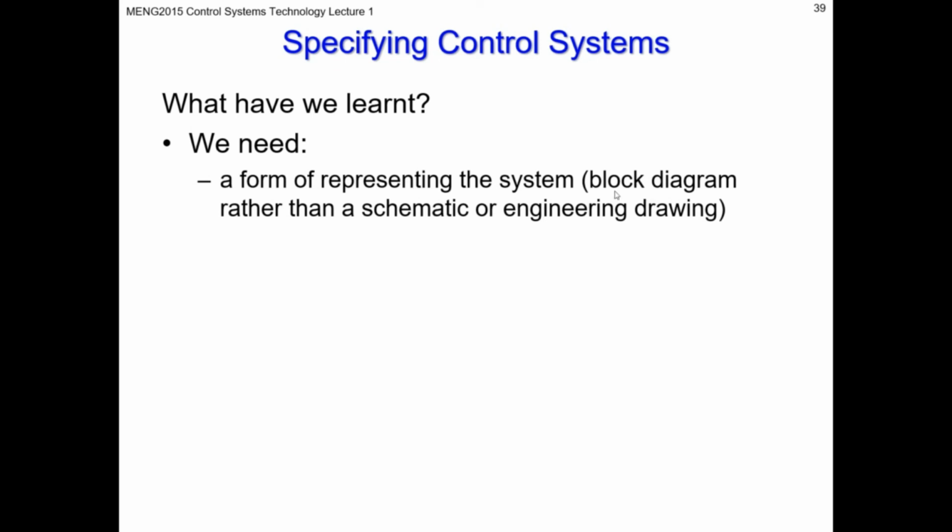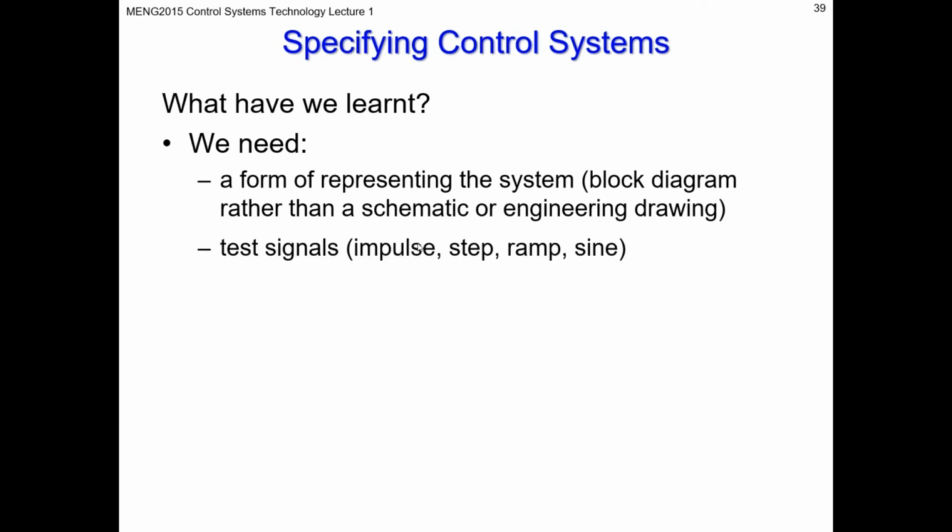I used to teach that, but I took it out because I was trying to reduce the content in the course a little bit. So we're only looking at block diagrams. That's the main way that you represent control systems, to be honest. So we're using block diagrams, and that's better than using engineering drawings or other representations for control systems.